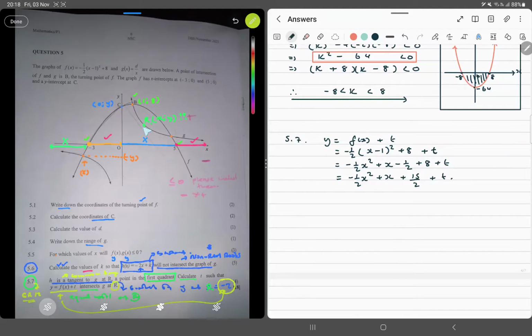Because basically, let's say this is r. That means we're shifting this graph vertically because we added t. If we're shifting this graph vertically, for them to be here, it probably would be something like this. Okay? So this tangent here becomes a common tangent to both. Can you see? So yes, basically, it means the gradient is going to be -2 as well for this function.